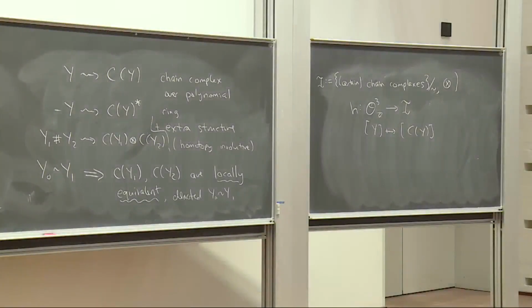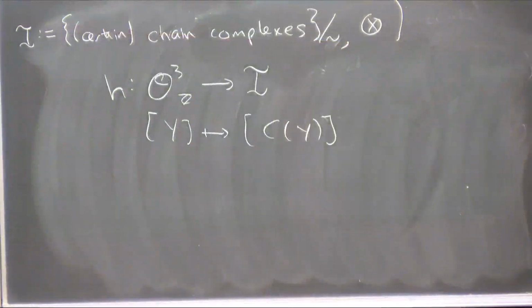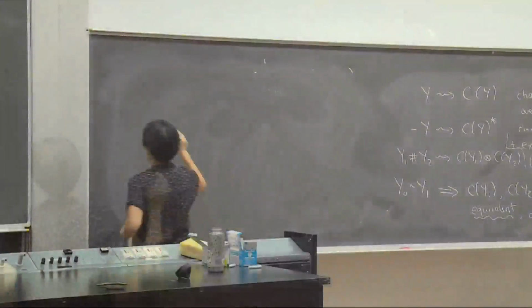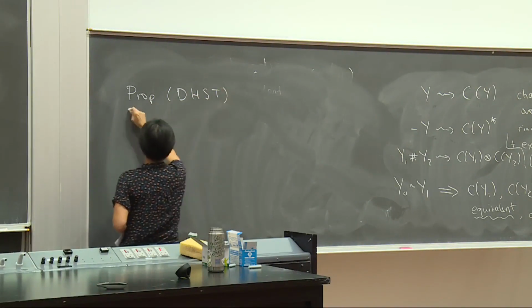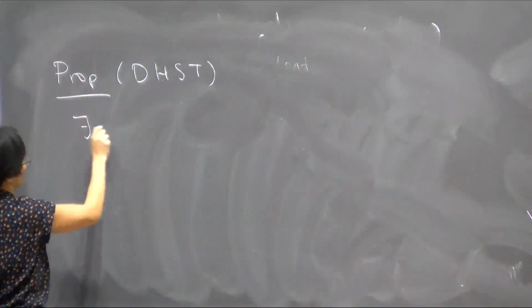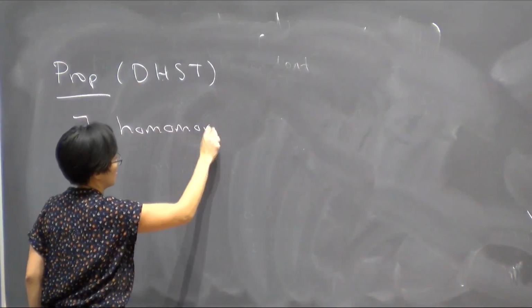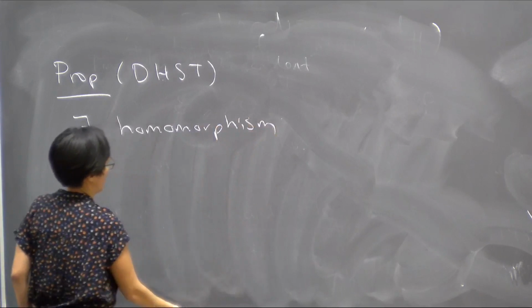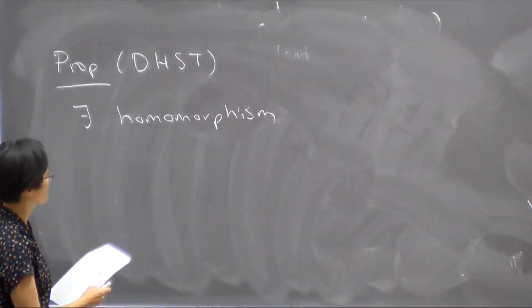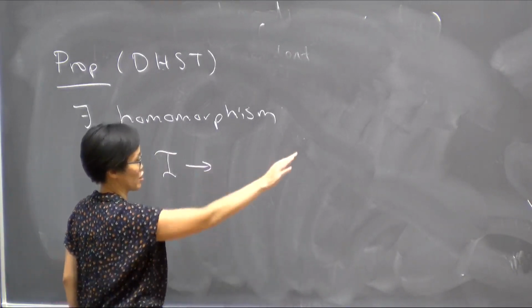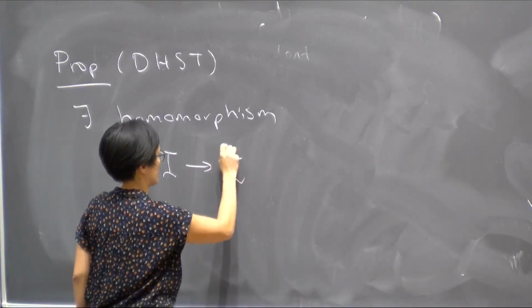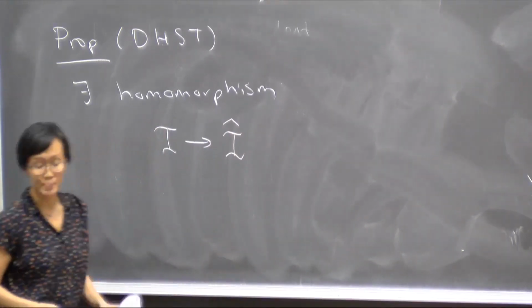Irving, Matt, Lynn, and I prove the following proposition. There exists a homomorphism, which is almost surjective. So we get a homomorphism from this hard-to-understand group I to this nicer group I hat.